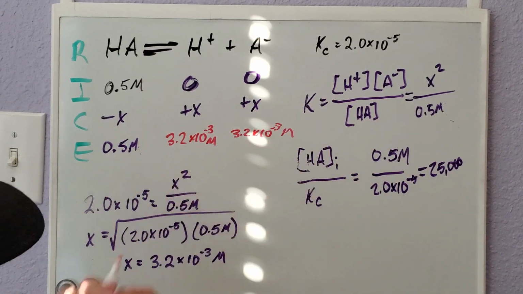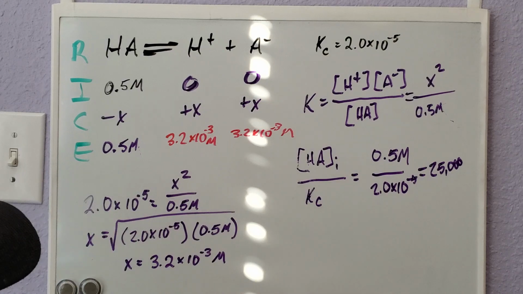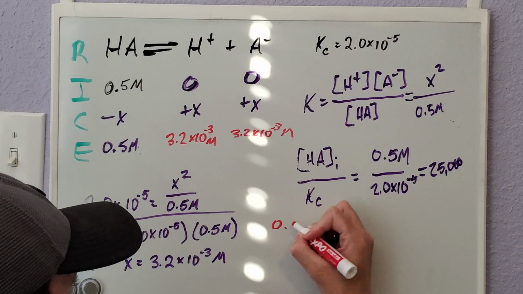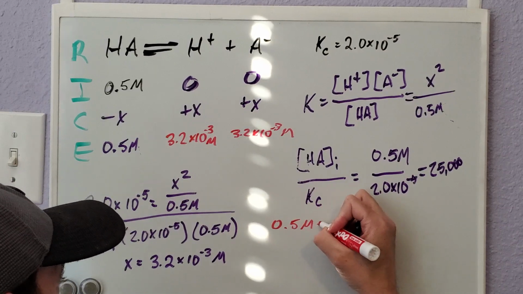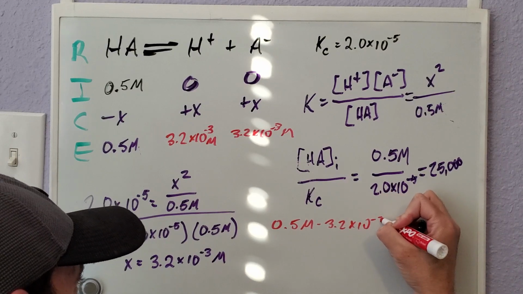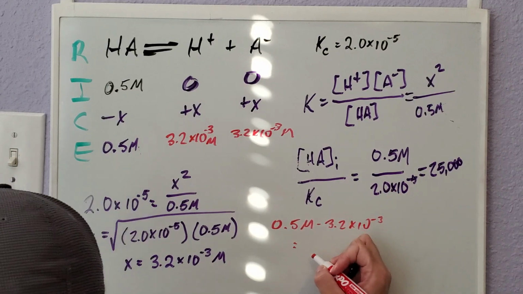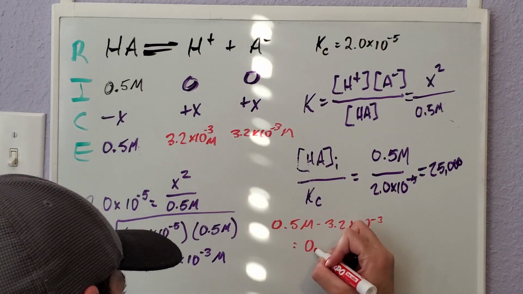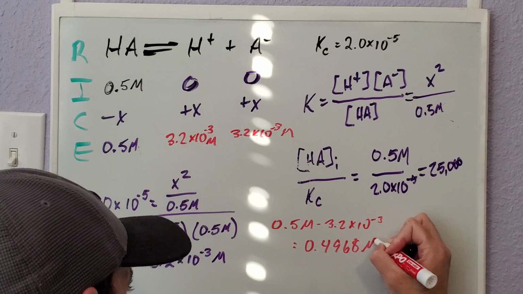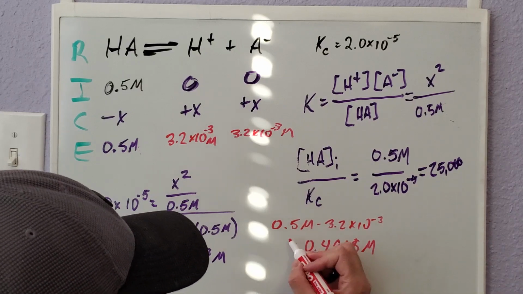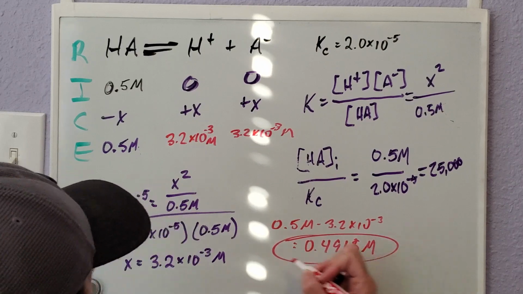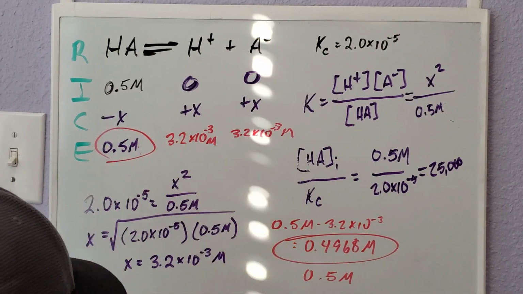And then we know this is 0.5 because it doesn't change too much, but just to double check, if we have 0.5 molarity minus our 3.2 times 10 to the negative 3, I end up getting 0.4968 molarity, and by any appreciable amount, this will still be rounded to 0.5 molarity, which is still about the same as the initial concentration.